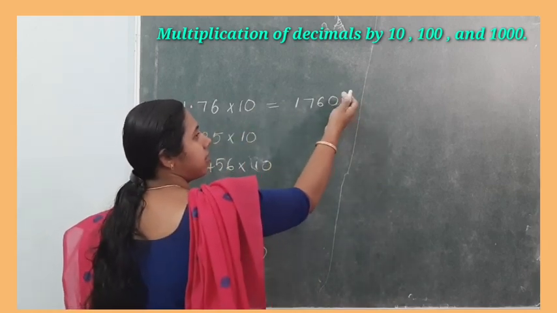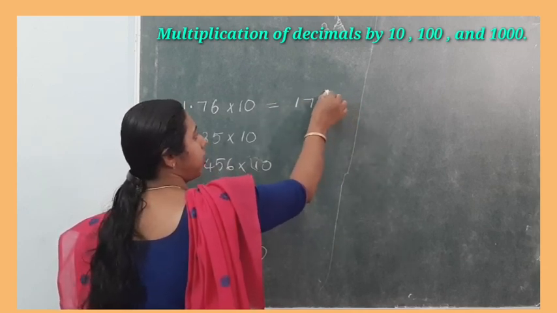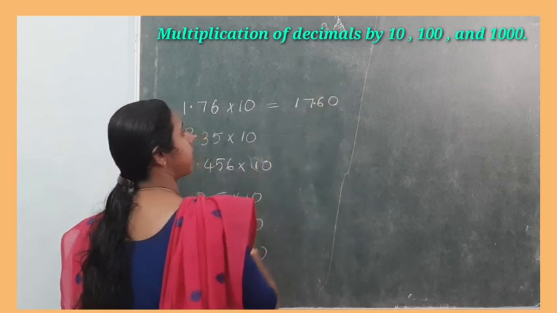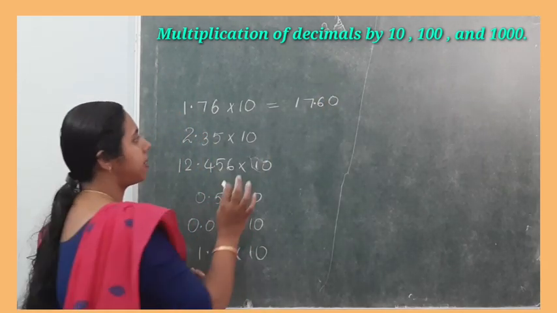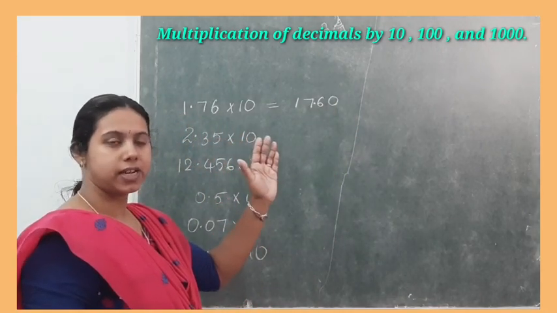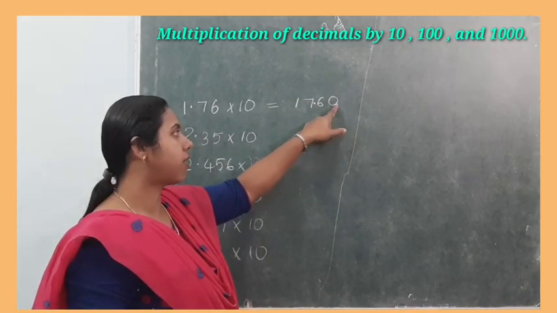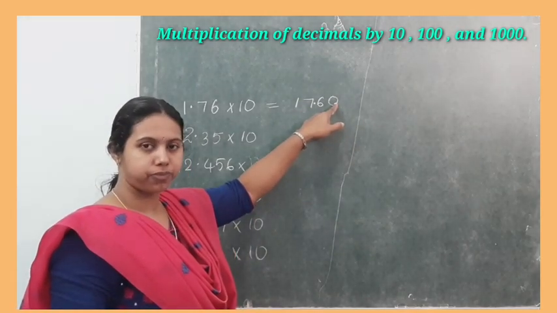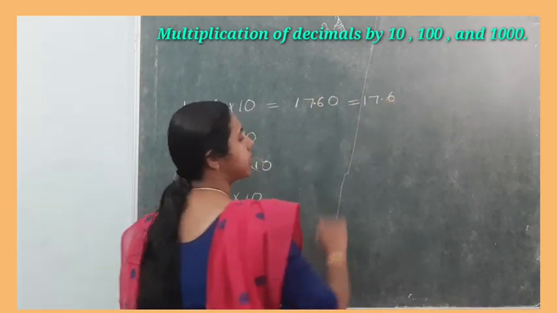Count from right to left. 1, 2 decimal places. So the answer is 17.60. We know that there is no value for the 0 if it comes after the decimal point. Here the 0 has no value. So the number is 17.6.